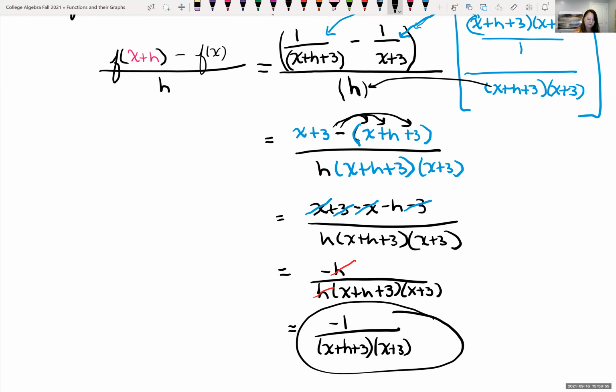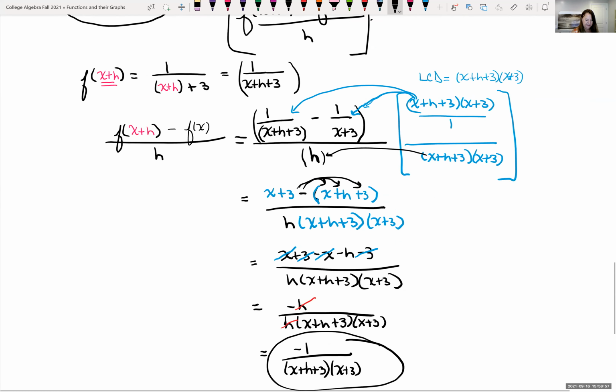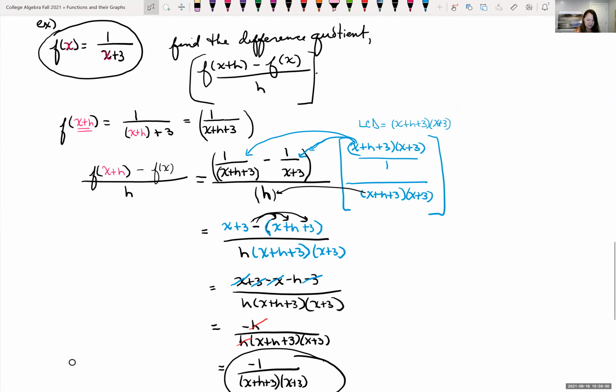And so that's the difference quotient of our original function, 1 over x plus 3.